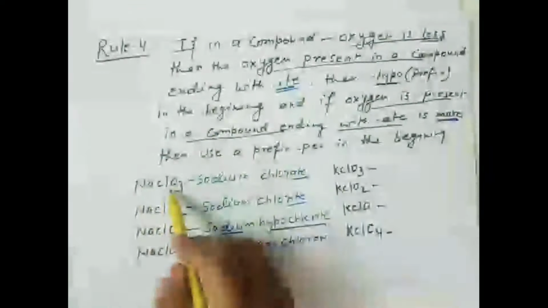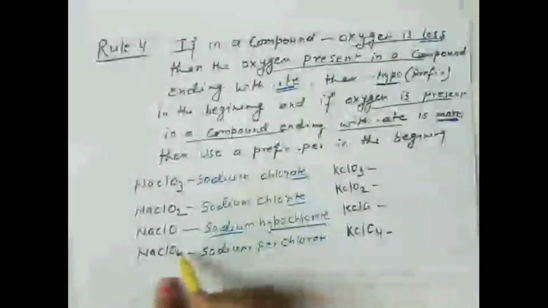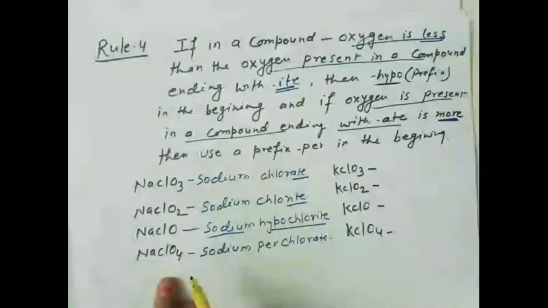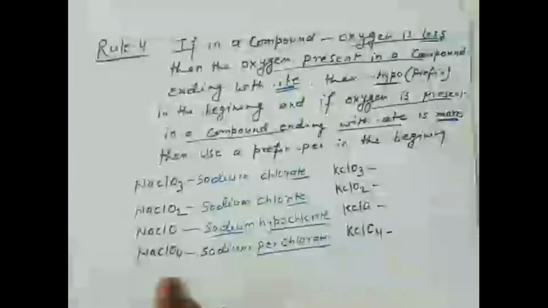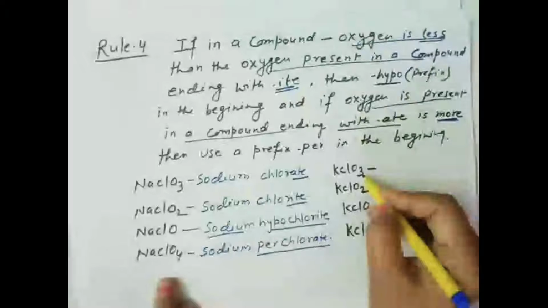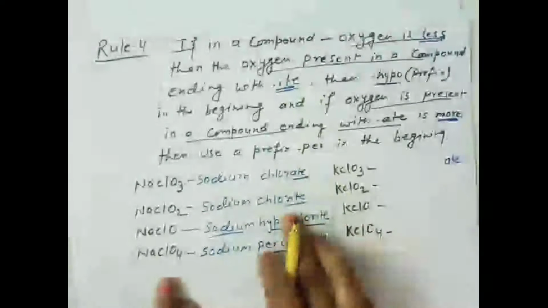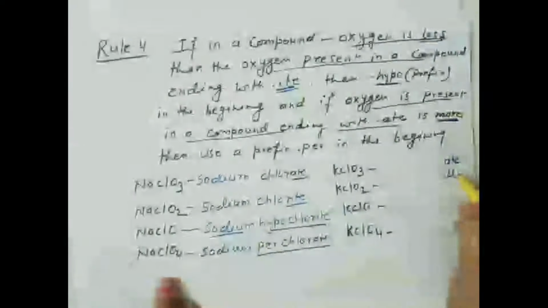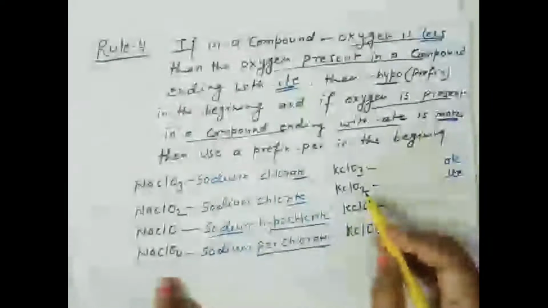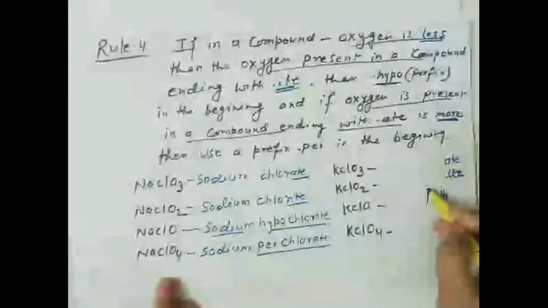So NaClO3 is sodium chlorate, and NaClO4 contains one more oxygen than ATE, so we will write here perchlorate. So for 3 oxygen we are writing ATE, suffix is ATE. For 2, that is 1 less oxygen, the suffix is ITE. If less oxygen than ITE, then the prefix is hypo.